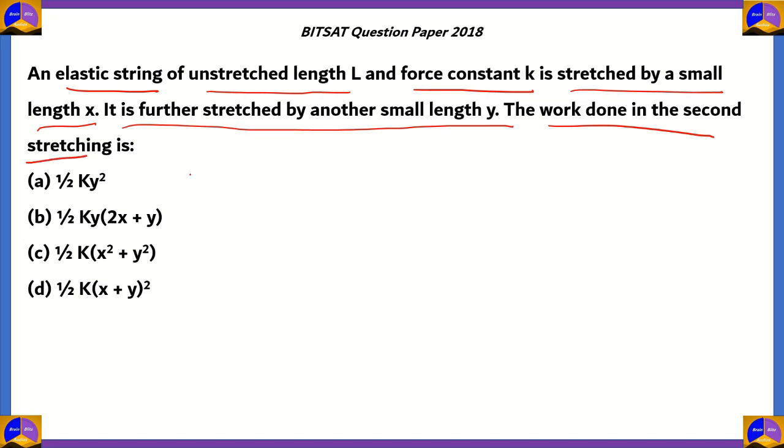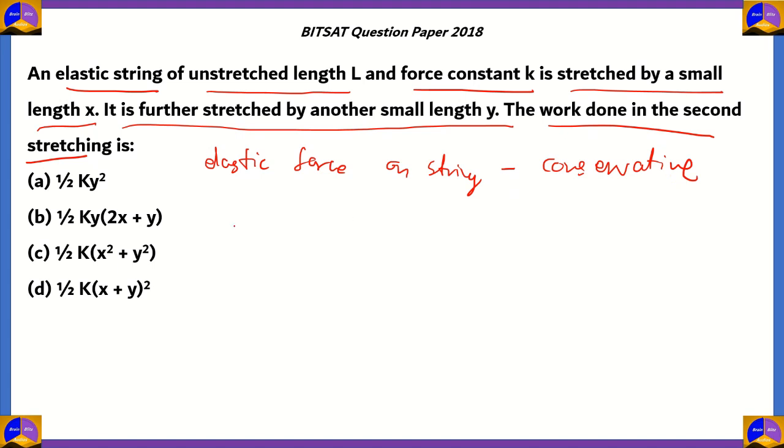So we have an elastic string and it's stretched. So elastic force on the string is a conservative force. So that is the first thing you need to keep in mind.